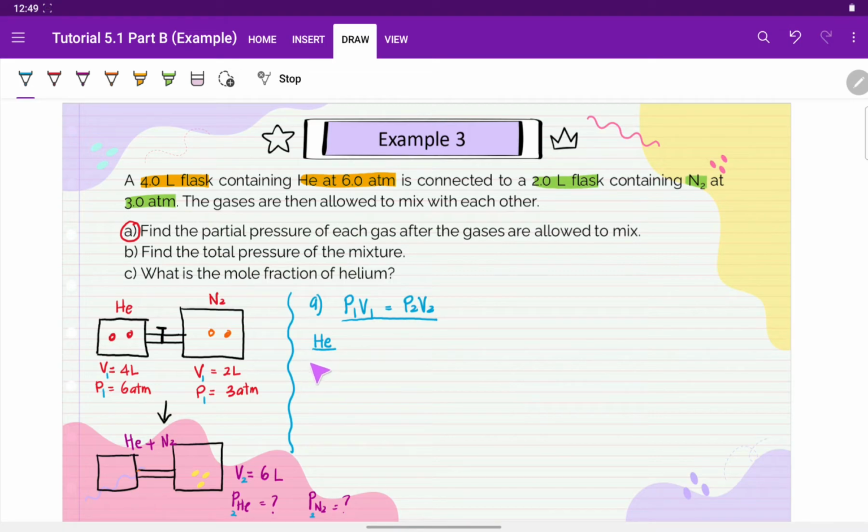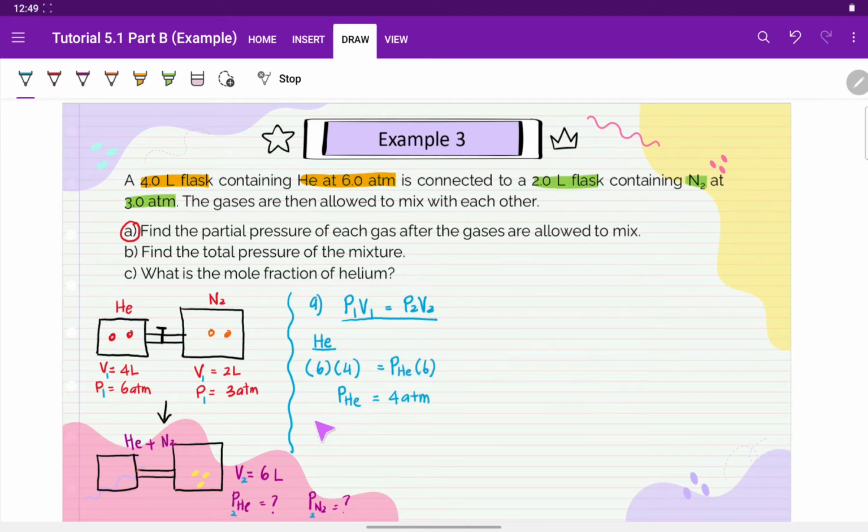So untuk helium, P1 dia adalah 6, V1 adalah 4. Okay, kemudian kita nak cari P2, partial pressure of helium. So, saya boleh terus je label dekat sini PHe atau nak tak P2 pun boleh saja, tak ada masalah. P2 ni adalah partial pressure after dia dah allowed to mix. So, kita akan dapat partial pressure untuk helium sebagai 4 atm.